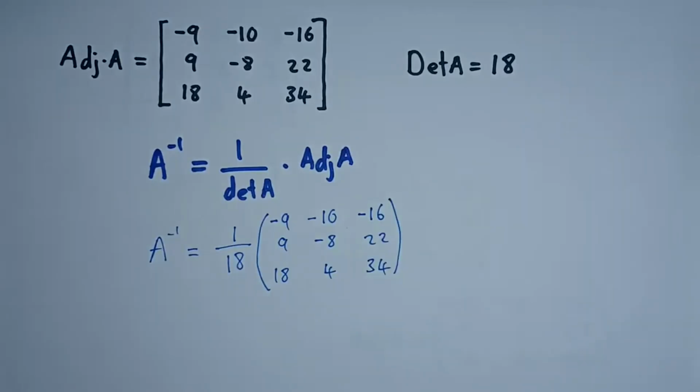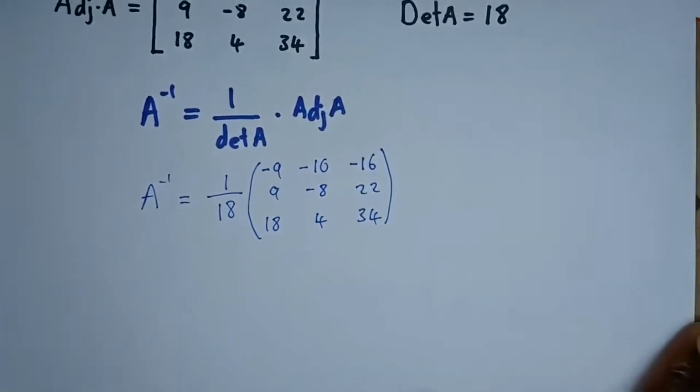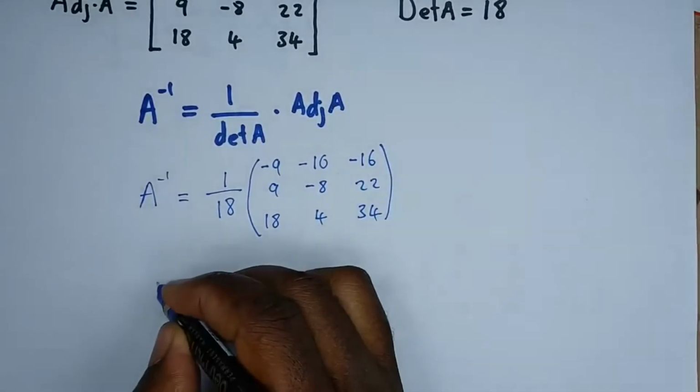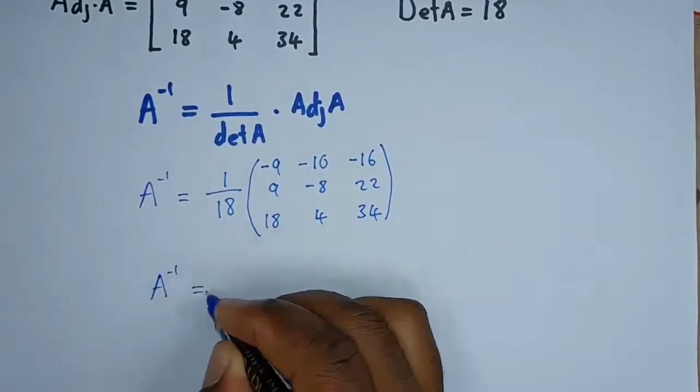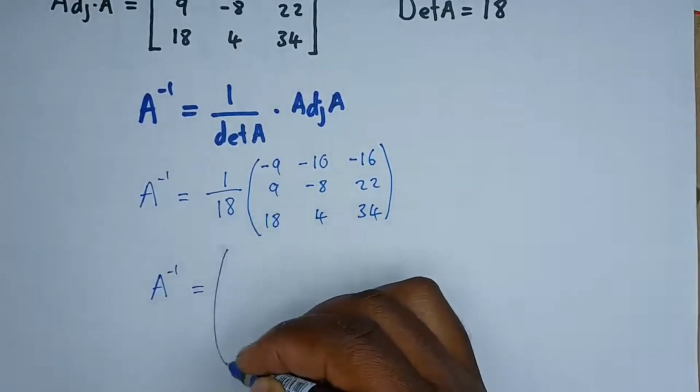So we can multiply everything inside the matrix with 1 over 18, or rather we can just divide by 18. It's the same thing. So the inverse will be given by, so negative 9 over 18, just write like this.